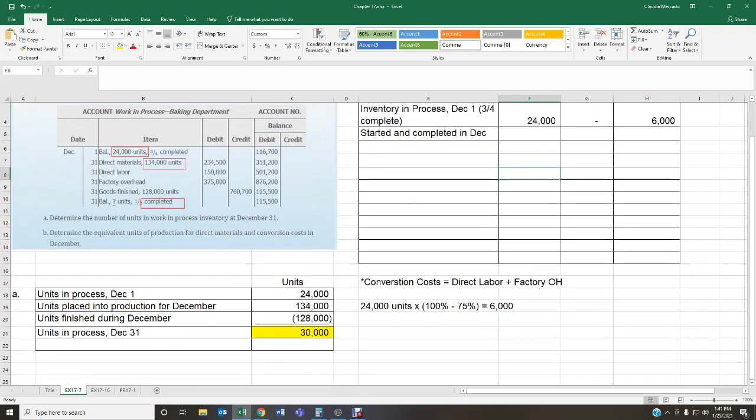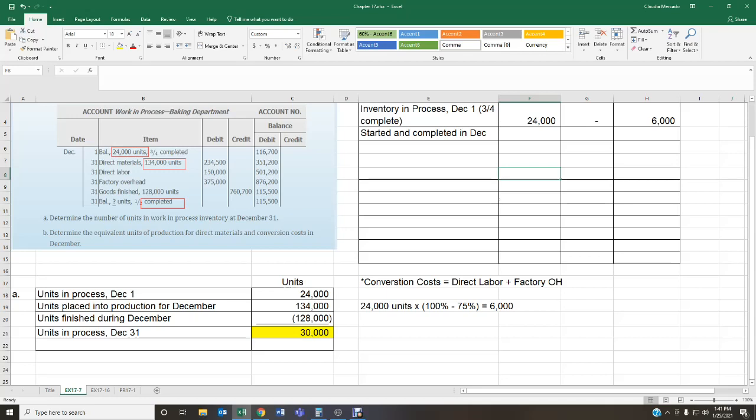Let's look at what we did in letter A. I know that I started with 24,000. I know that I added 134, and I know that we finished 128. So that means that we have 30,000 units in process, correct?